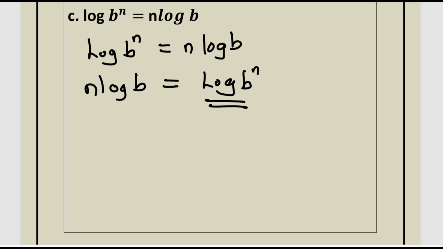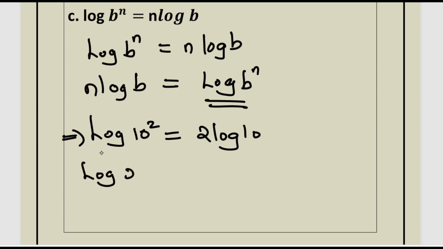This is another basic information about logarithm that you need to understand. Let me give a good example. If you have log 10 squared, you can write this as 2 log 10. Another example, log 2 power 3 can be written as 3 log 2.